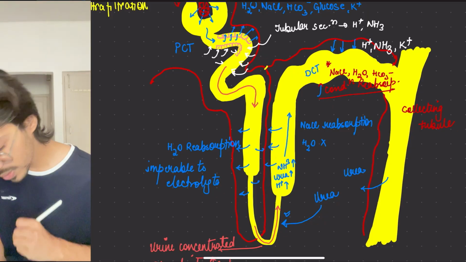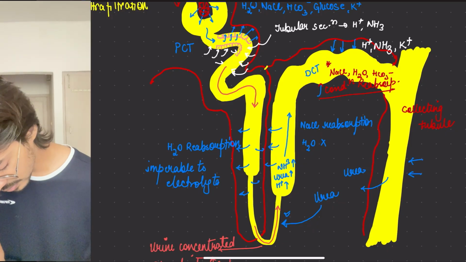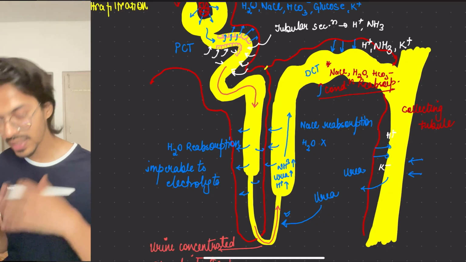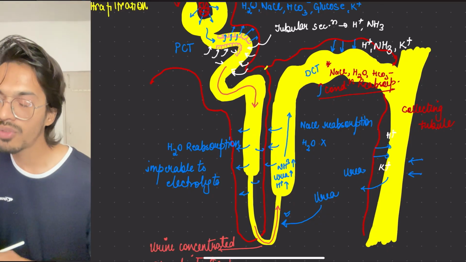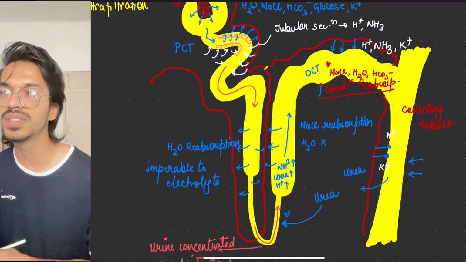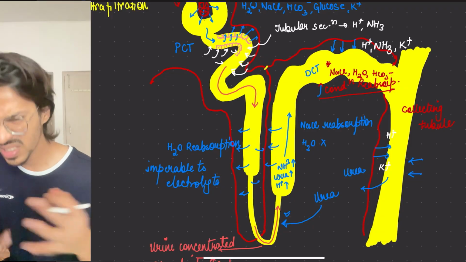Along with that, there will be secretion of H positive and K positive that keeps on happening, for maintenance of pH balance and also for the maintenance of electrolyte balance, which is the same ionic balance.